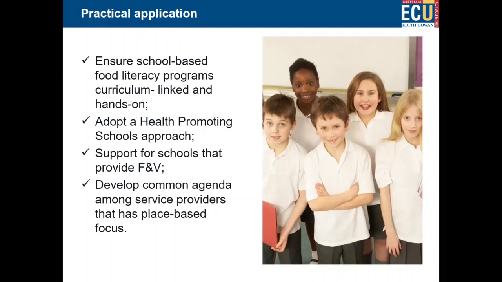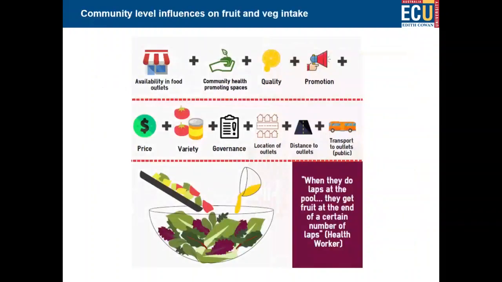And then trying to develop a common agenda among service providers that has a place-based focus. So consistent messaging around fruits and vegetables, key health messages, the way in which things are delivered, and that place-based focus in terms of what's relevant to that local town or community.